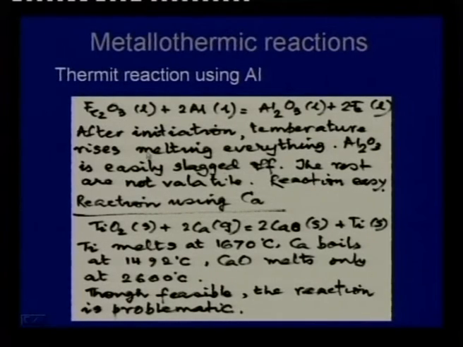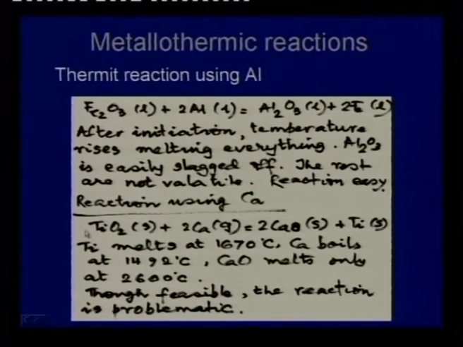We have talked about thermit analysis, the thermit reaction, and analyzed that. We have talked about a similar reaction which we will now call metallothermic reduction, calcium reducing TiO2, and then I mentioned that we can write a chemical reaction like this, but sometimes in metallurgical operation this will not be accepted, because calcium as a reducing agent would become gas at the temperatures where this should happen.